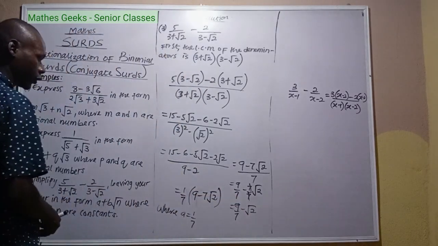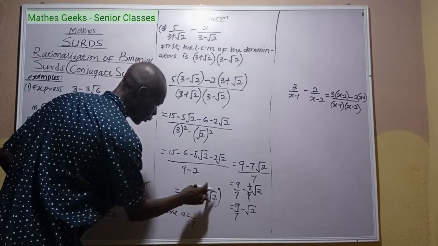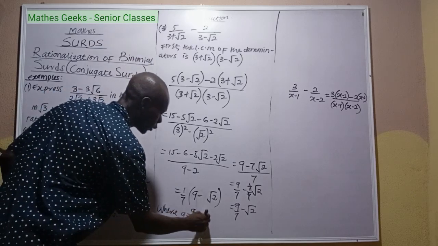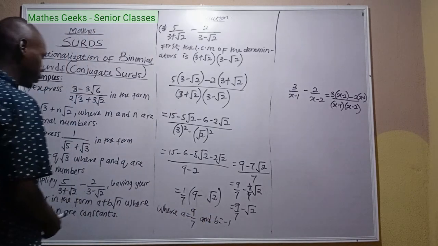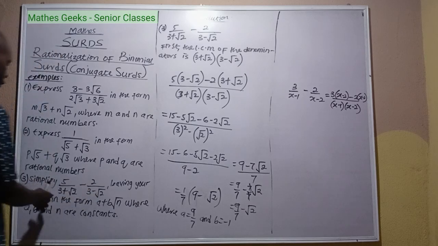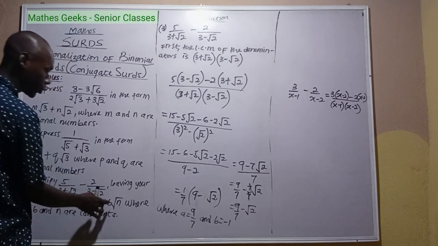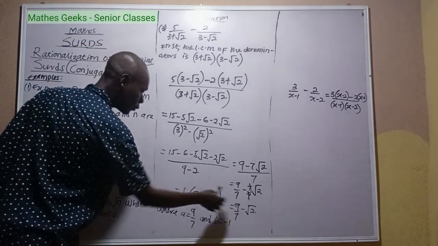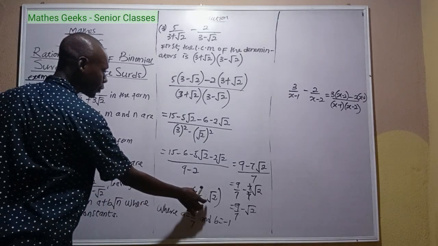So where a is 9 over 7, here is root 2, and b equals minus 1. So minus 1, here is plus, but plus times minus 1 will give us minus. Minus in the exact solution.